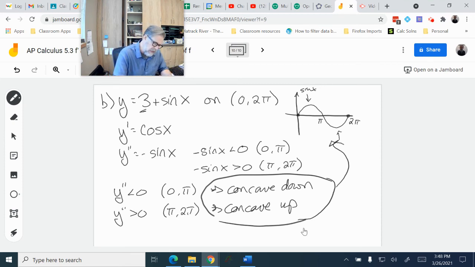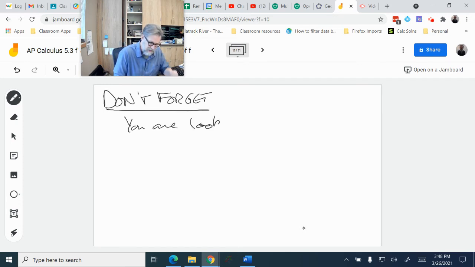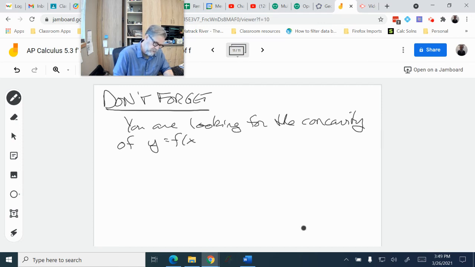So here's one little reminder. Don't forget you are looking for the concavity of y, not y double prime.